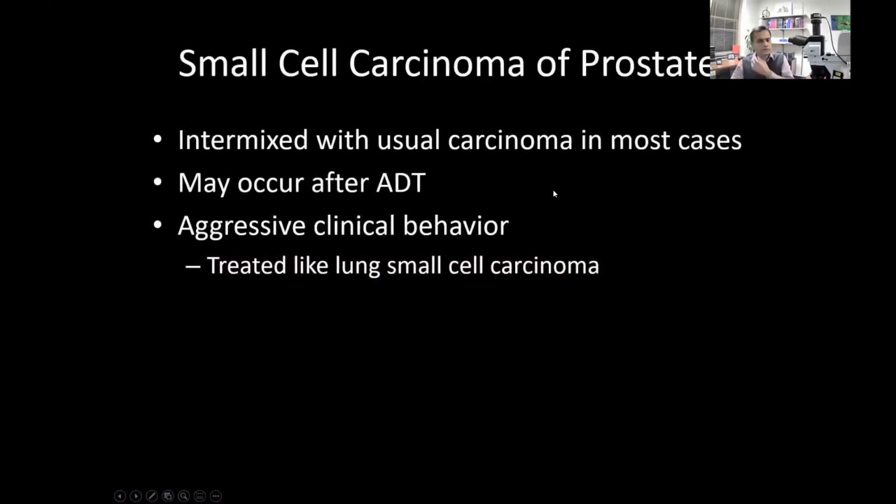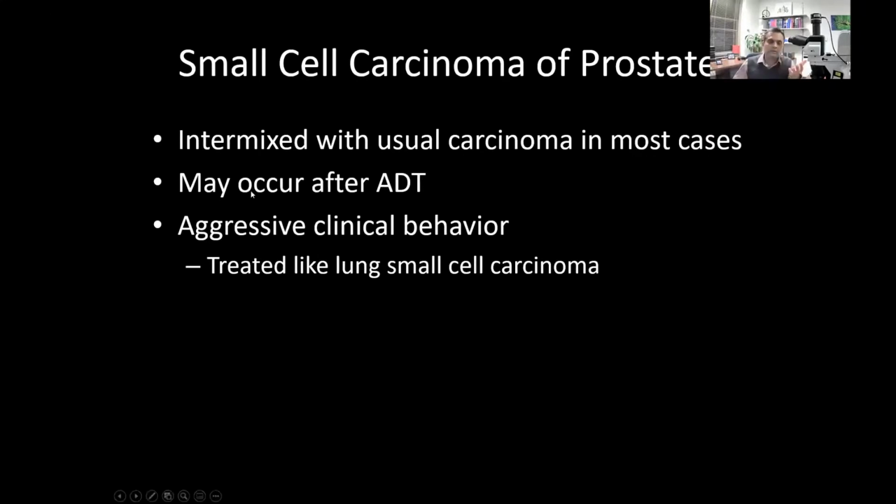And then we also have true small cell carcinomas of the prostate. In most cases, this is intermixed with the usual carcinoma, right? Many people think that there is basically a transdifferentiation, that the regular prostate carcinoma slowly acquires genes or mutations that make it transdifferentiate into a neuroendocrine phenotype.